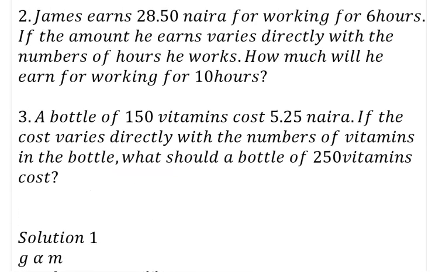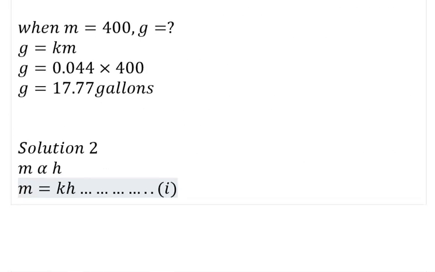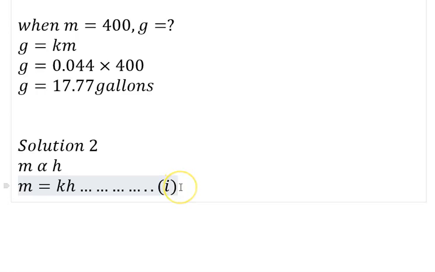So the question now said, James earned 28 naira 50 kobo for working for 6 hours. So this information has been given to get our K. When M is 28.5, H is 6. You can use any letter that suits you anyway.